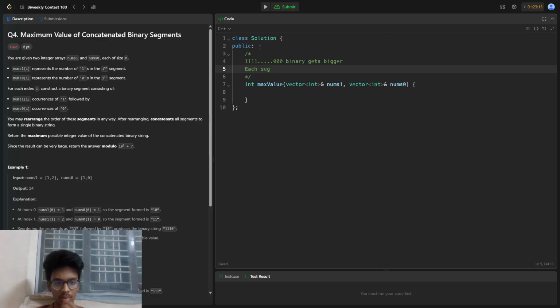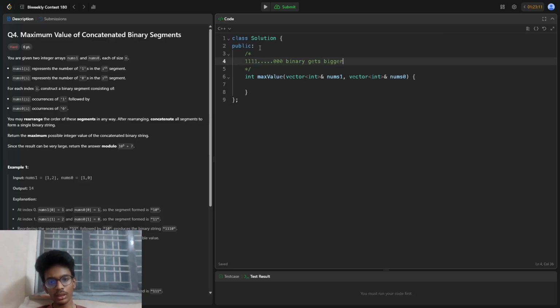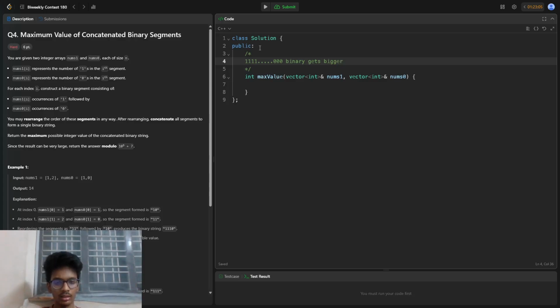Each segment i is nums1 of i ones followed by nums0 of i zeros, so there would be this kind of structure, some number of ones, some number of zeros. And the sorting rule for two segments A and B: A should come before B if the concatenation AB as a binary number is greater than BA.